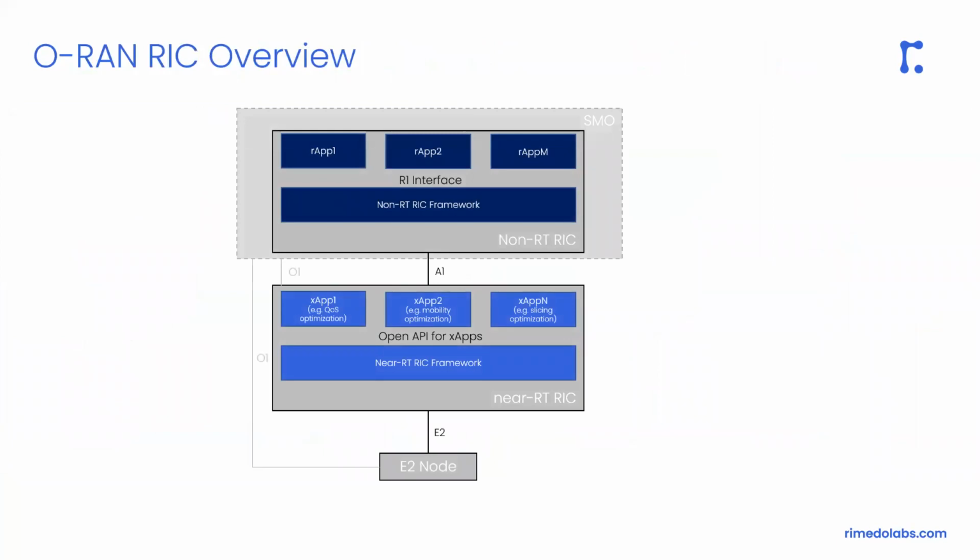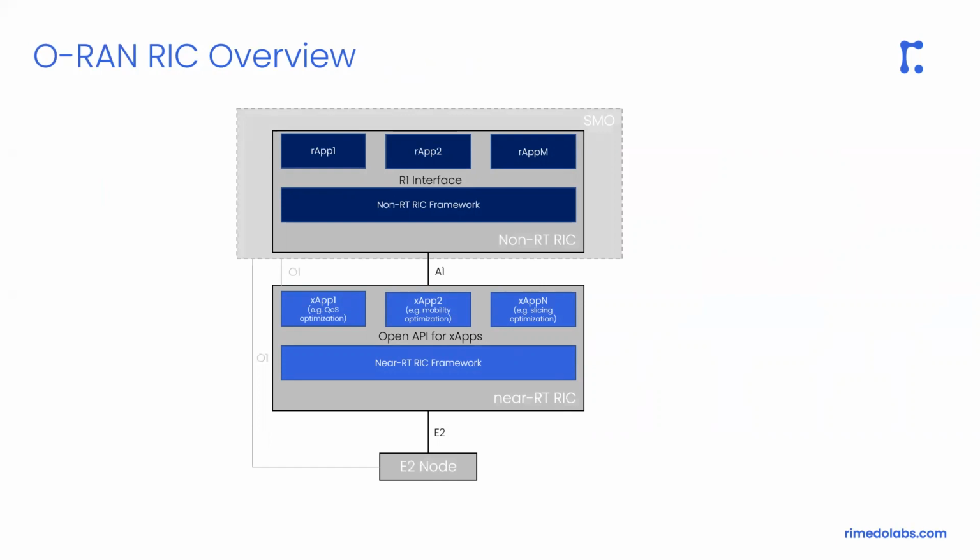So again, as we spoke, we have the RIC split into two parts. There is a near real-time RIC in the radio part, or the RAN part, and non-real-time RIC in the management plane, so in the SMO. The non-real-time RIC is composed of the framework itself. We'll see an example of the architecture in a second.